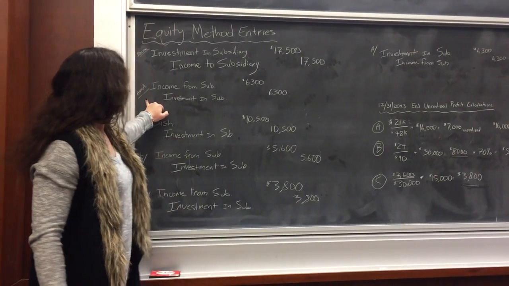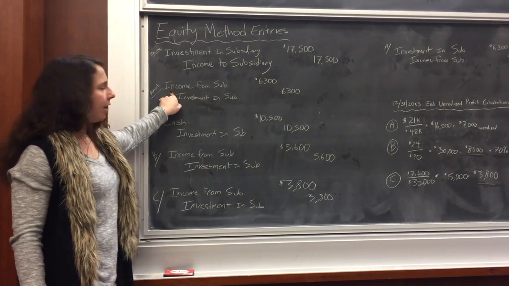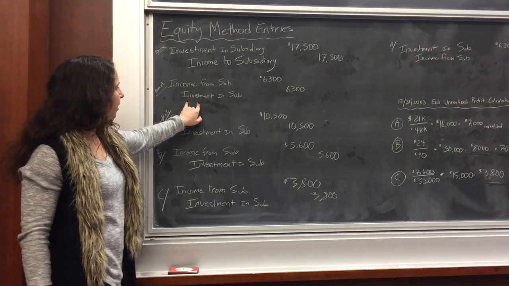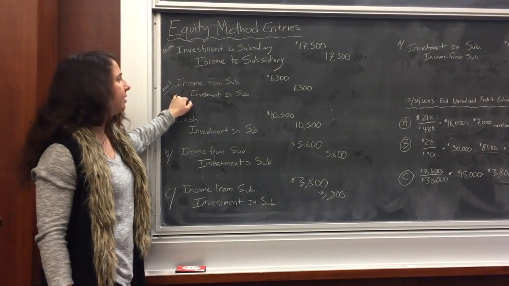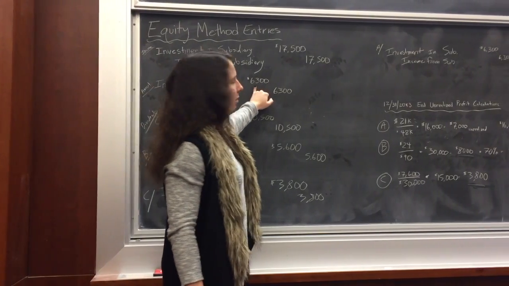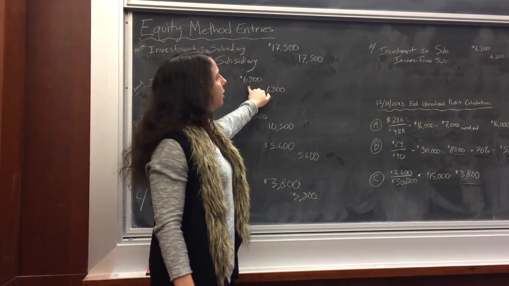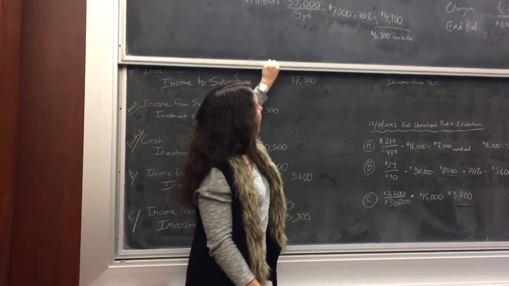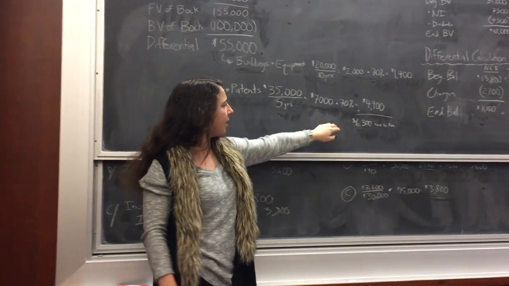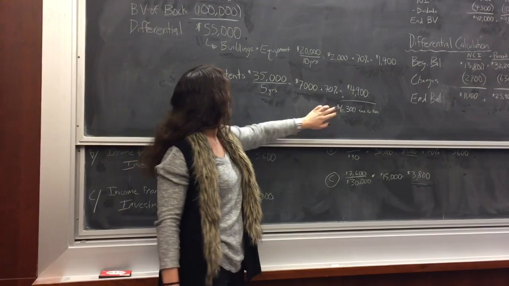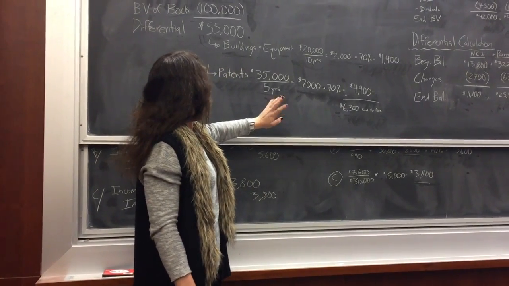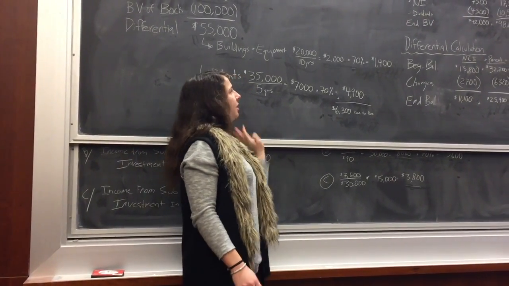And then next we debited income from subsidiary and credited investment in subsidiary to account for the amortization, which is $6,300, and we got that from adding the total differential amortization each year.